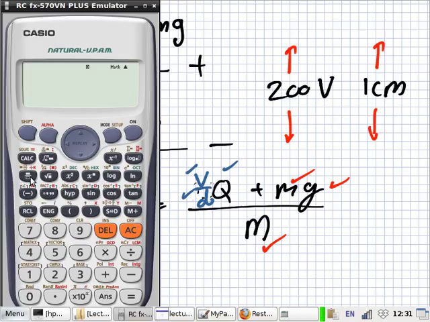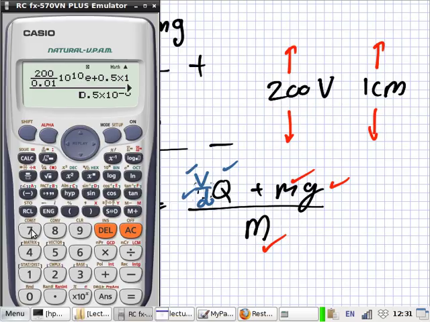Let me just start over. Fraction plus. Okay, 0.5 times 10 to the minus 6. V is 200. D is 0.01. Q is 10 to the 10 E. And then this is m. g.